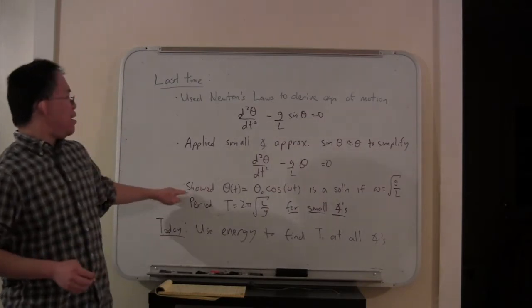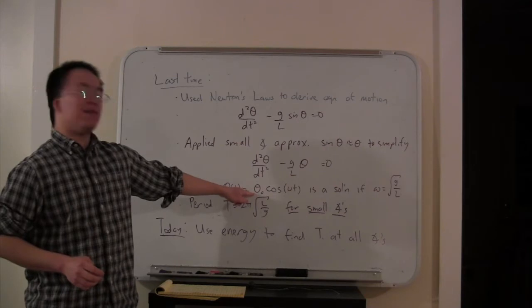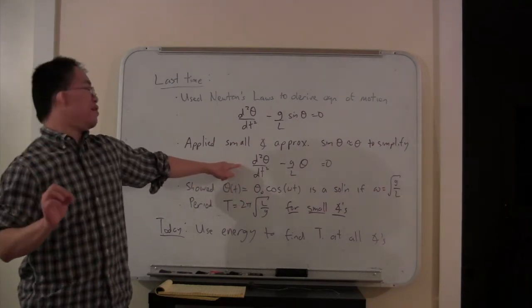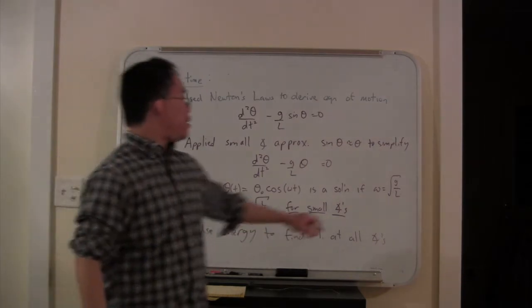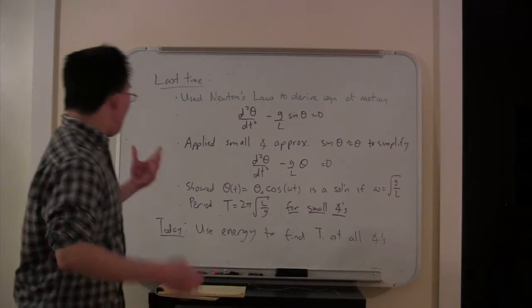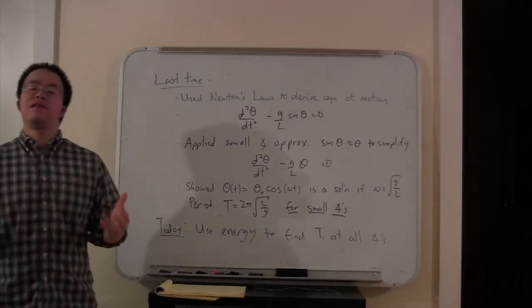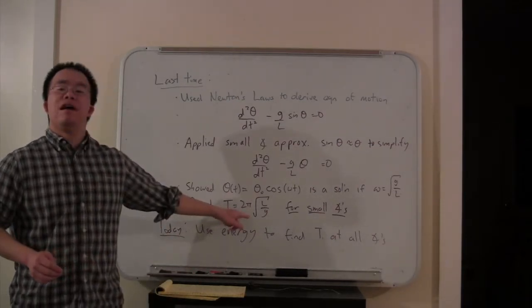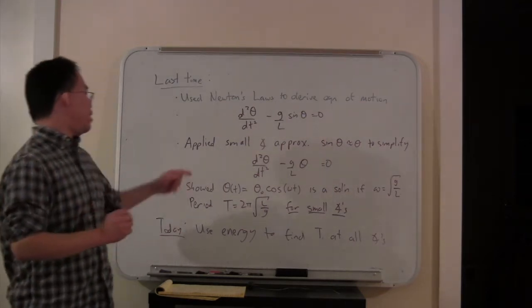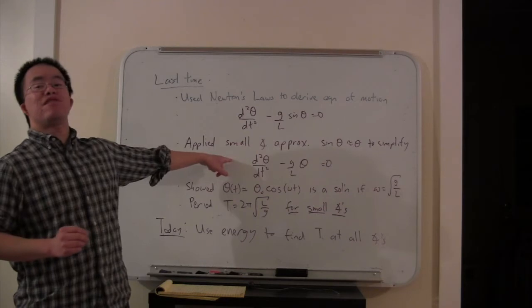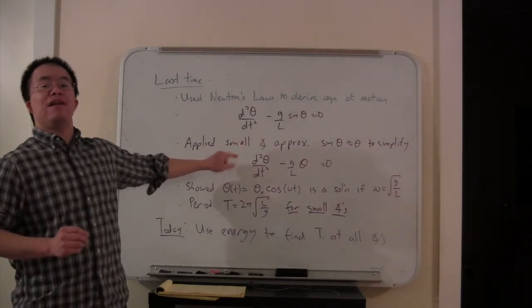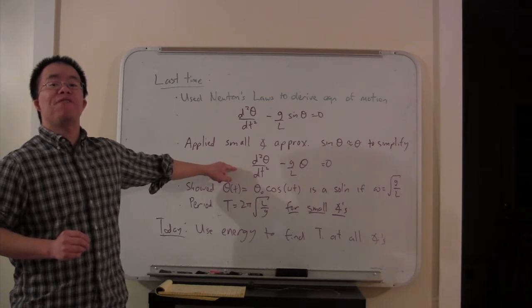And then we showed that something that goes like cosine omega t is a solution to this simplified equation if my angular frequency omega is root g over L, and that's how we concluded that the period is equal to 2 pi the square root of L over g for small angles, because only for small angles is this simplified differential equation valid.